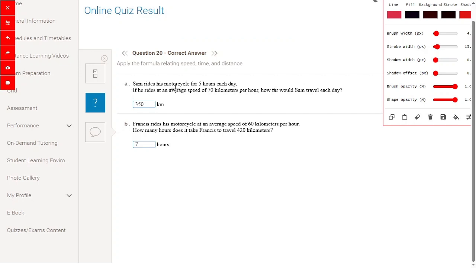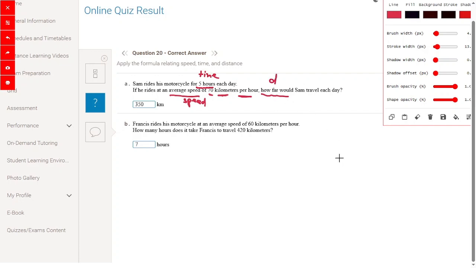Sam rides his motorcycle for 5 hours per day. Okay, so this is the time. Now, if he rides at an average speed of 70 kilometers per hour, how far would Sam travel each day? So this is the distance.